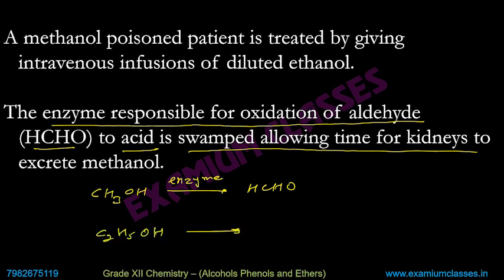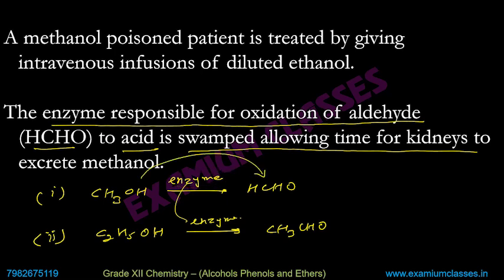This also gets converted to aldehyde by the same enzyme. Now the availability of enzyme for the first reaction becomes half, or even less if we can give more ethanol. So ethanol is introduced so that ethanol starts using the same enzyme which is converting methanol to methanal.